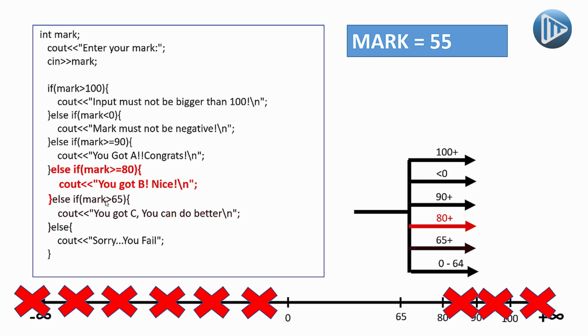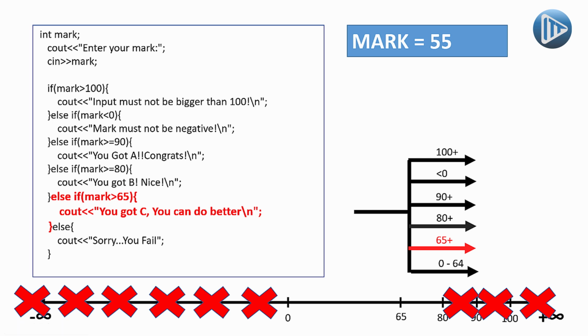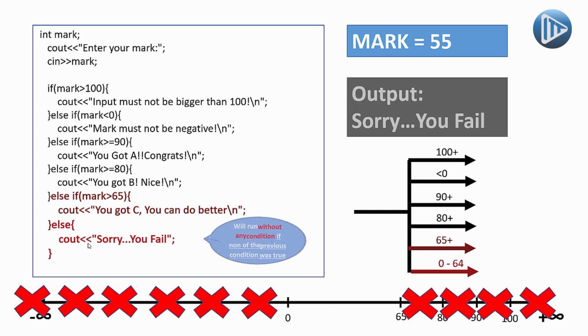If they get a number bigger than 65, and of course it will be less than 80, because it didn't trigger the root over here, which means it's not higher than 80, then we are going to say that you got C. Finally, if this condition wasn't satisfied, or any of the conditions that we passed on, then we are going to trigger the final root over here.